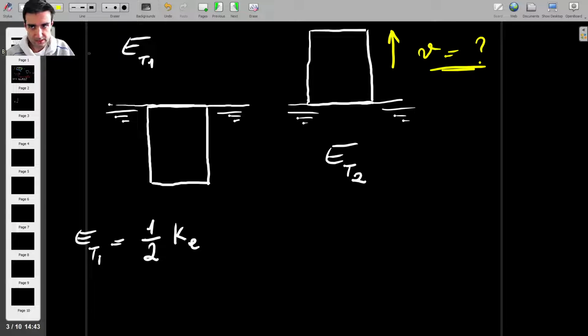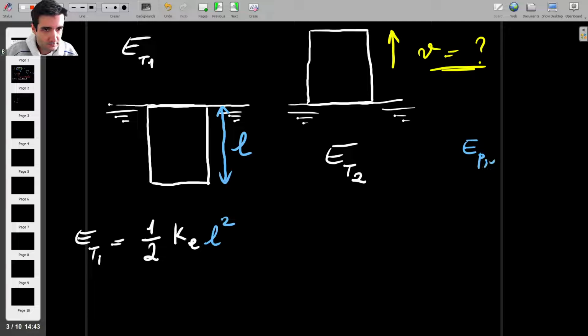Now, x is how much cylinder is underneath the water surface, which at first is the whole cylinder. So now my potential energy is going to be this L squared. And by the way, the elastic potential energy is just 1/2 kx squared. So my x, the displacement, is how much cylinder is underneath the free surface, so it's L squared.